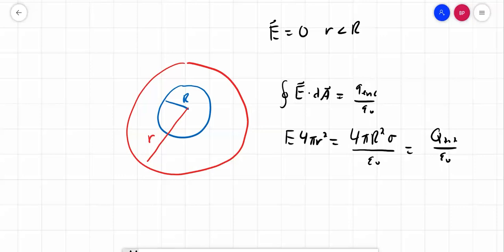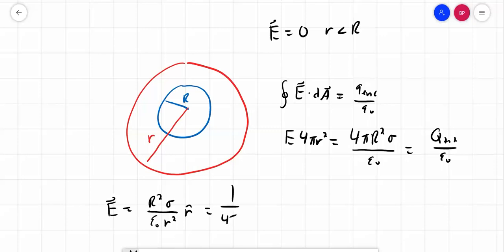Either way. So when I solve for the electric field outside, our 4 pi's will cancel, so we'll have R squared sigma over epsilon naught r squared. And because of the symmetry, it has to be going radially outward or inward, depending on the sign of sigma.